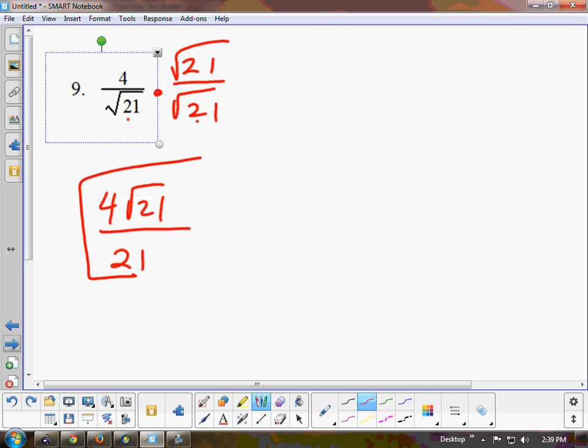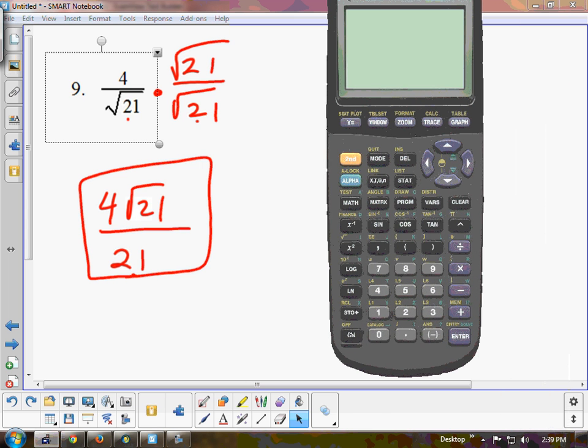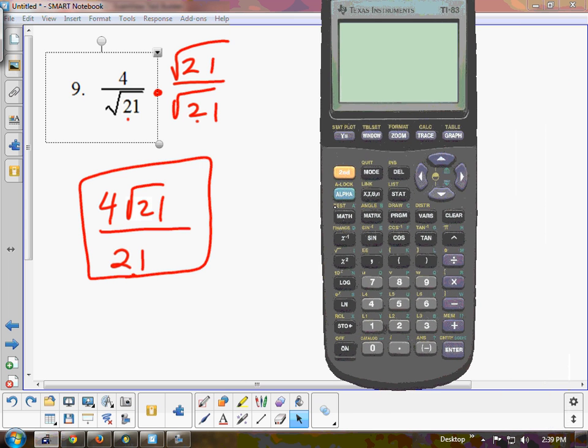This question is actually easier than you think. So let's check that. So when you do this tomorrow, check your work on it. So 4 divided by the square root of 21 is 0.87287.